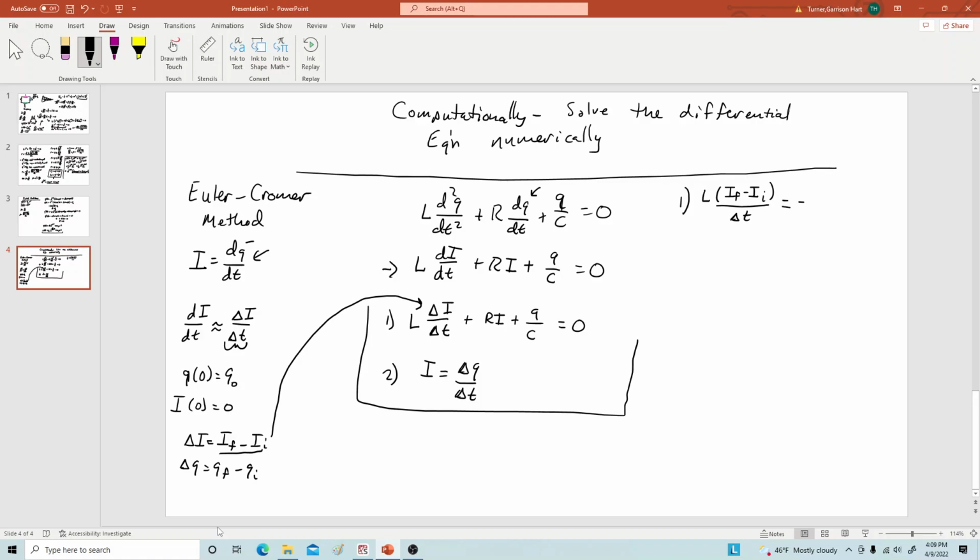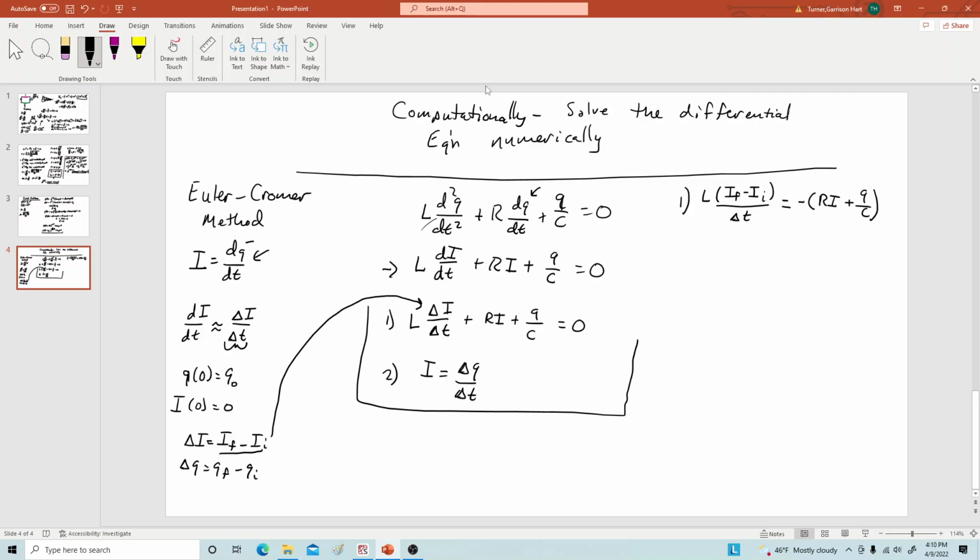So this is going to be minus Ri plus Q over C. Now, you'll notice, what values should this I and this Q have, since these are functions of time?